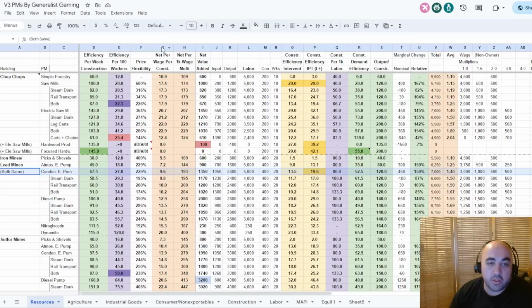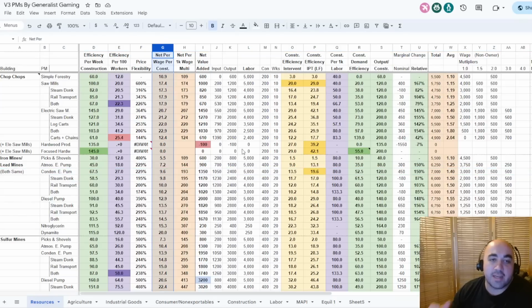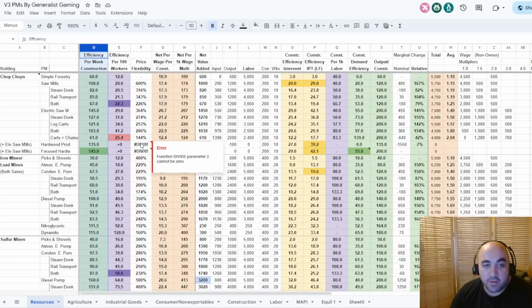And so we can also take a look at it from the perspective of net per wage per construction, and I think this is going to be a pretty good way of informing ideas of what we should build in foreign countries. Feeling our way through things and looking at the math of it, I think you want to be really, really aggressive with constructing buildings that have low construction time, and think about it from an efficiency per week of construction basis.